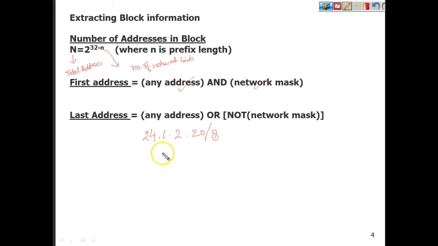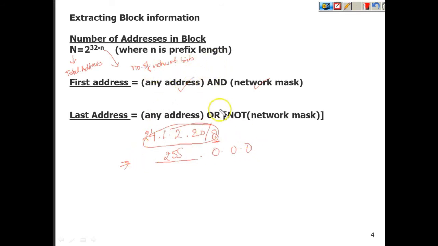If I want to find the network mask, that means the first 8 bits I will keep all 1 and the remaining will be 0. So in this example, the first 8 bits will be all 1, that is 255, and the remaining is all 0. So this is the network mask for this kind of network.